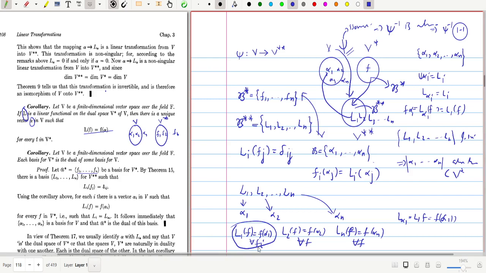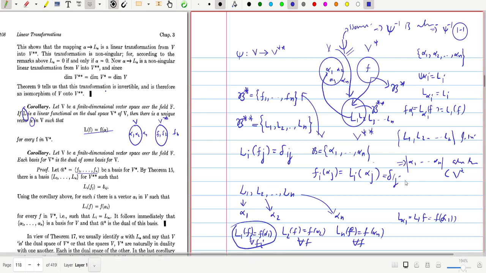So if you replace this f by fi, you get L1 of fi is equal to fi of alpha 1. Similarly, fi of alpha 2, etc. That means fi of alpha j is equal to Li of alpha j, which is nothing but delta ij.